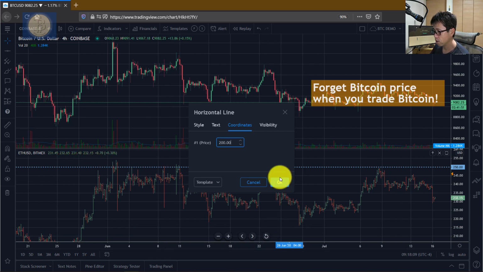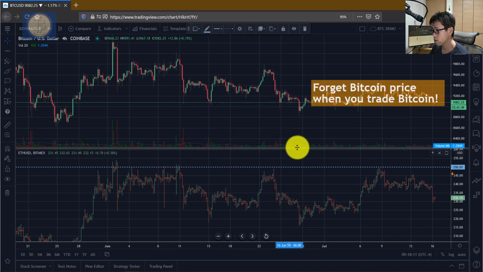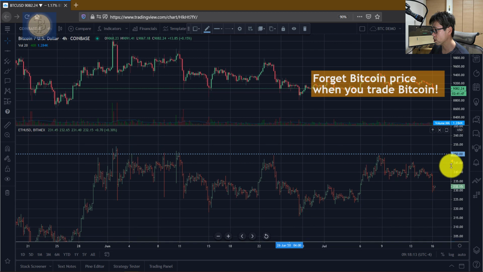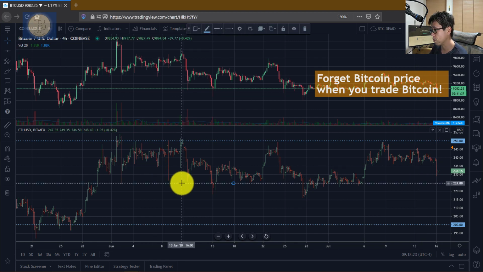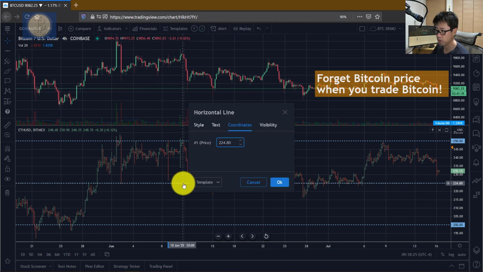The other thing is, if the volatility isn't high enough, just like now, we need to look at the middle line between 250 and 200. So I'm going to draw 225, which is between 200 and 250.